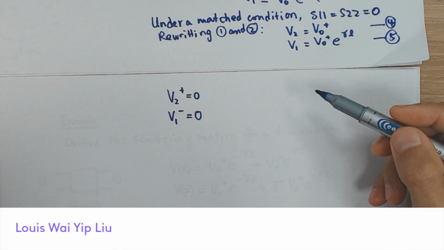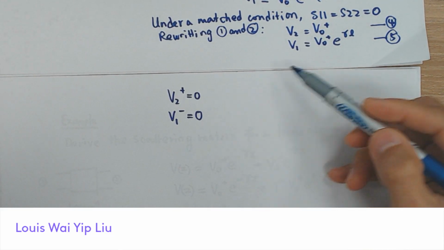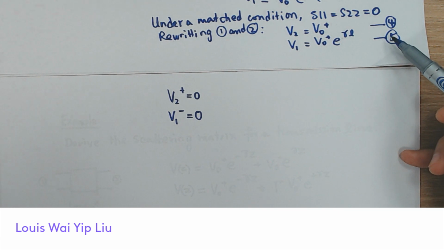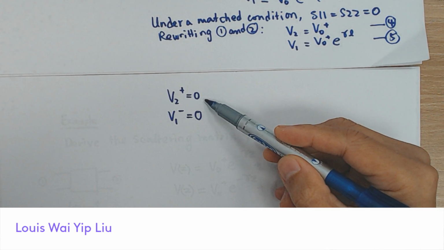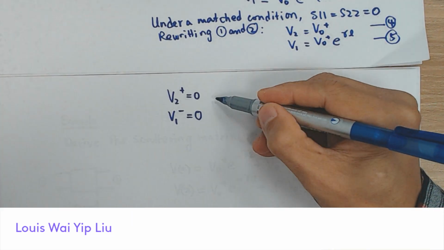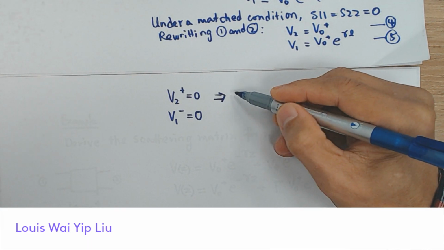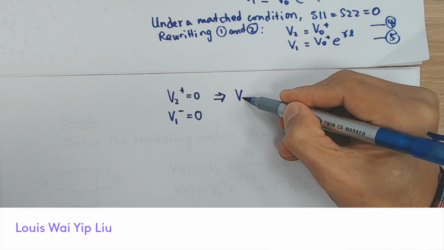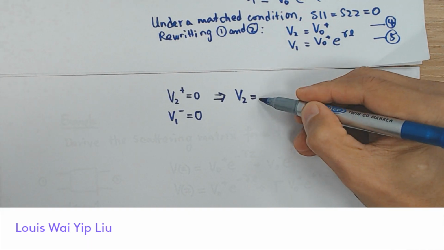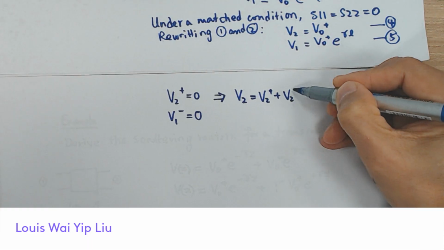If we substitute this condition into equations 4 and 5, then at port 2, whatever voltage we measure at port 2 should be equal to V2 plus V2 minus.